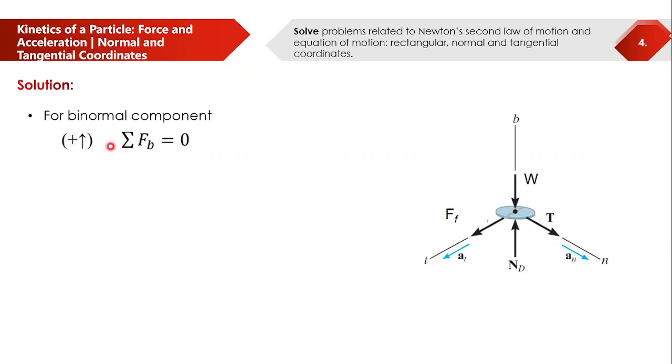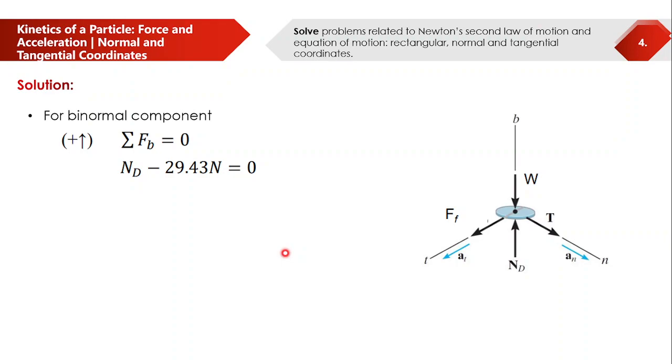So that will be all forces along the binormal axis will be equal to zero, since walang acceleration, walang motion sa direction ng binormal na axis. Okay? So that will be equal to zero. Now, the only forces na nag-act sa binormal axis is the weight and the normal component or the normal force.